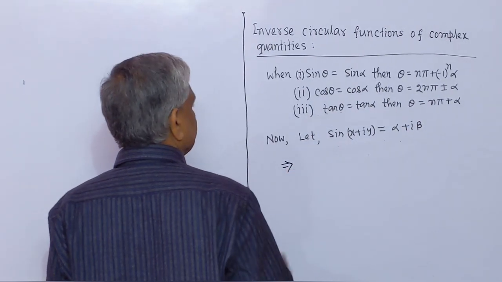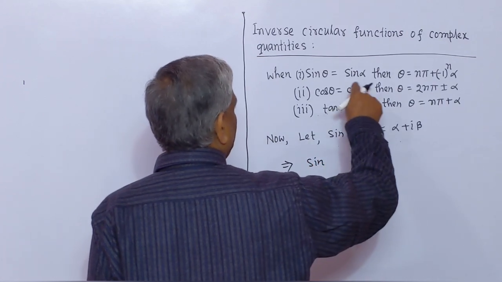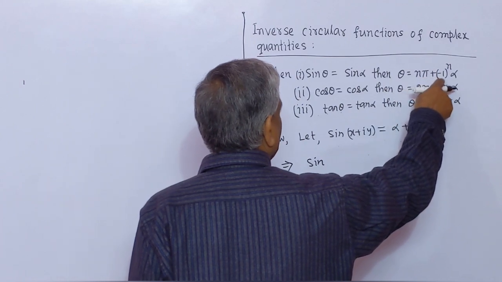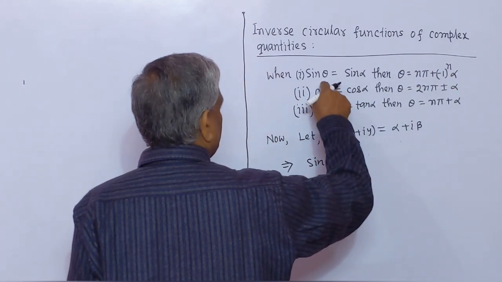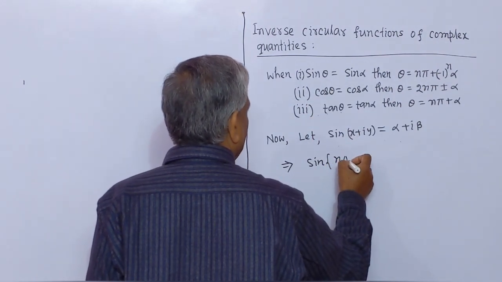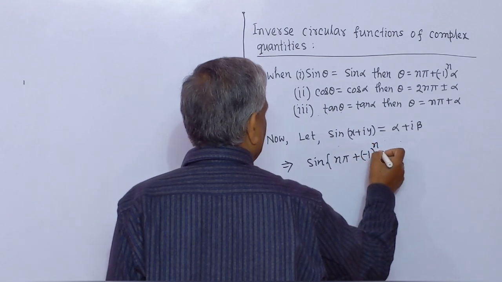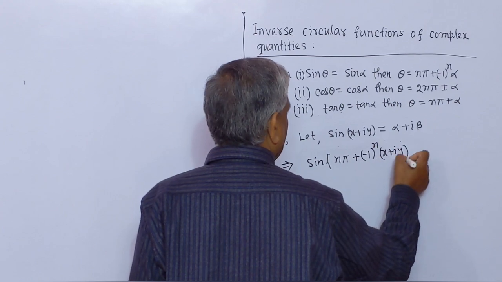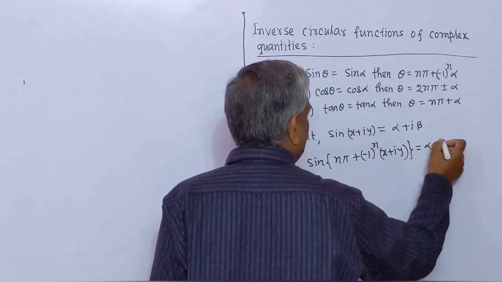This implies that, in place of theta we have written n pi plus minus 1 to the power n alpha, so here we write n pi plus minus 1 to the power n, x plus iy, equal to alpha plus i beta.